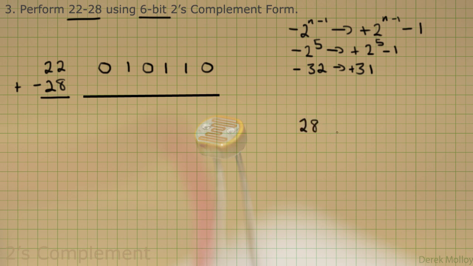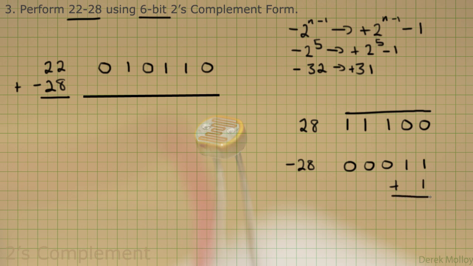So what's 28? Well, 28 is going to be 16 plus 8 is 24, plus 4 is 28. So we have 5 bits to represent the magnitude: 28 is 16, 8, and 4. To get minus 28, we get the complement. So we get the 1's complement, which will be 0, 0, 0, 1, 1. And we want to add 1 to that.